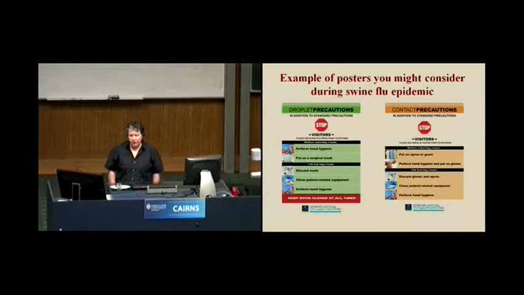In particular, you can go to the part where they've got posters, and you can actually print these out. So if we get another swine flu and you want people to decontaminate their hands, you can actually print this out for visitors to your practice, telling them what you want them to do. So there's a range of things in there that can be quite useful.